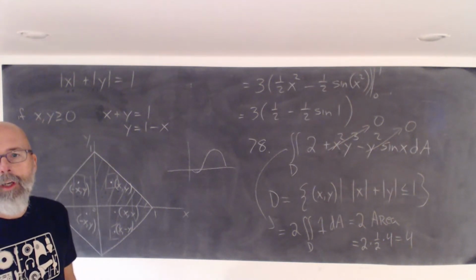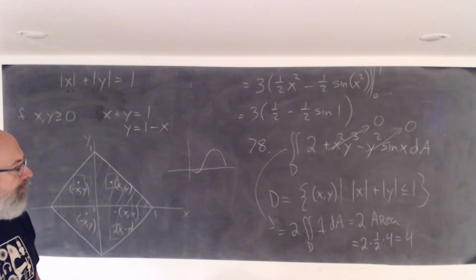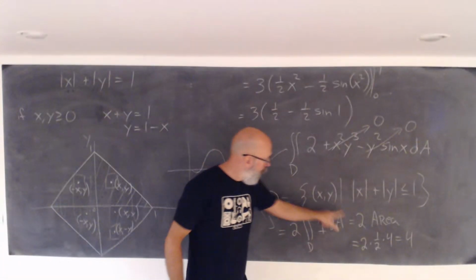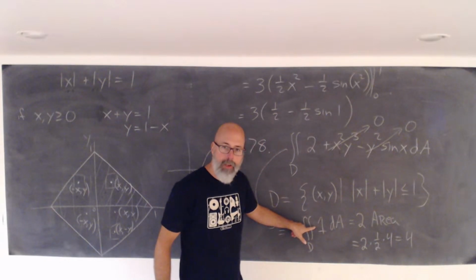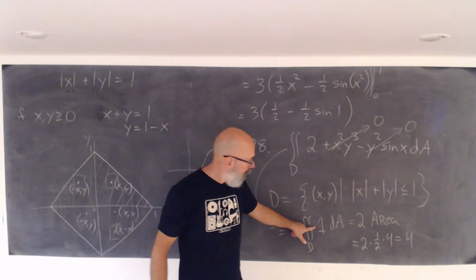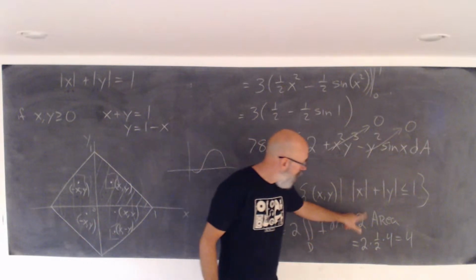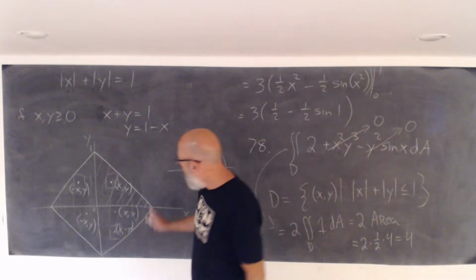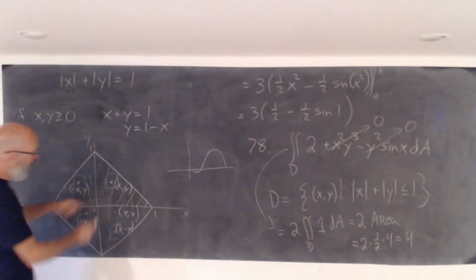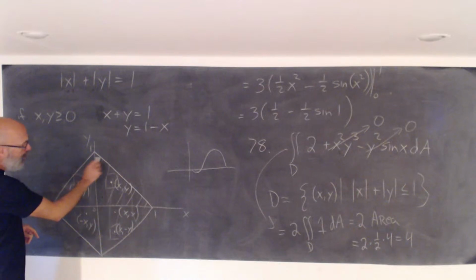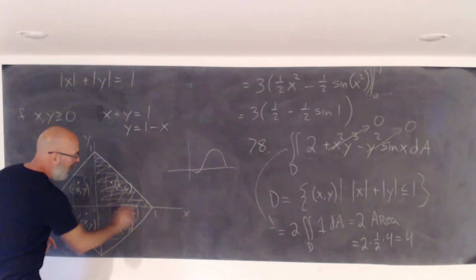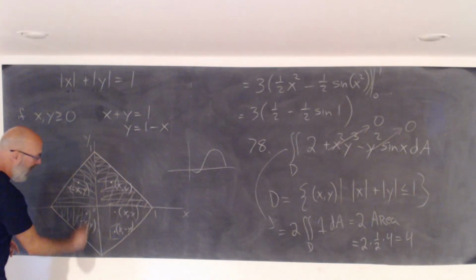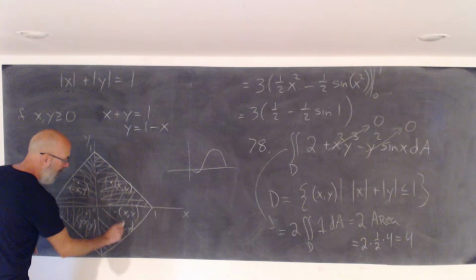How do we do the very last step to get 4? Once you've pulled out a 2, you've recognized this as being the area of D, area of the domain. So all we need, right, it's going to be twice the area. And of course, there's symmetry, right? This region, this area is the same as this area, which is the same as this area, which is the same as this area.